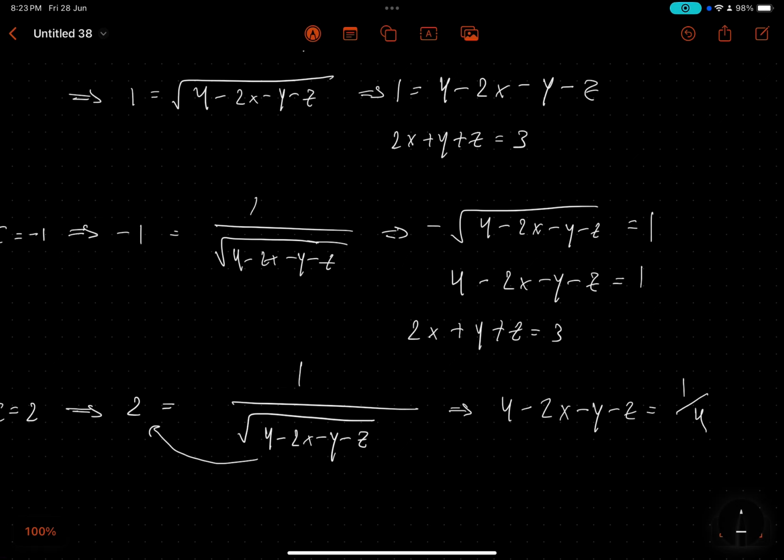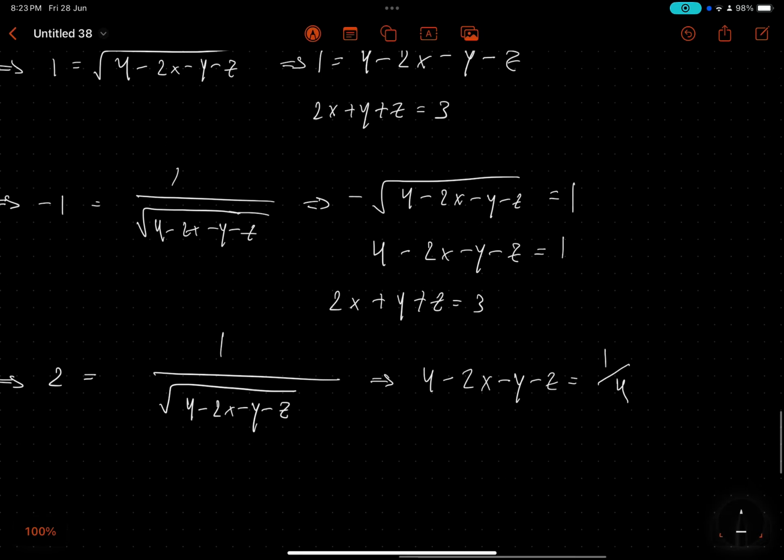Square that, we get 1 over 4, and then 2x plus y plus z equals 4 minus 1 over 4. So 16 over 4 minus 1 over 4 equals 15 over 4.